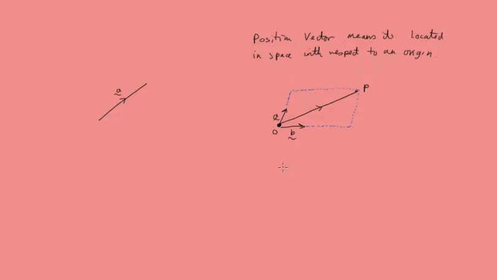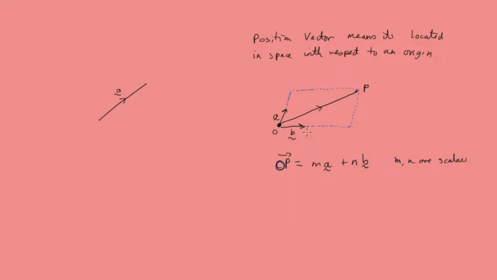And so what this means is we can write the vector OP as the sum of some scalar m multiplied by A plus some other scalar n multiplied by vector B, where m and n are scalars.